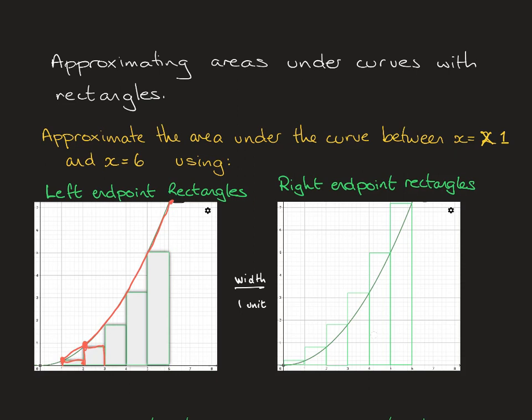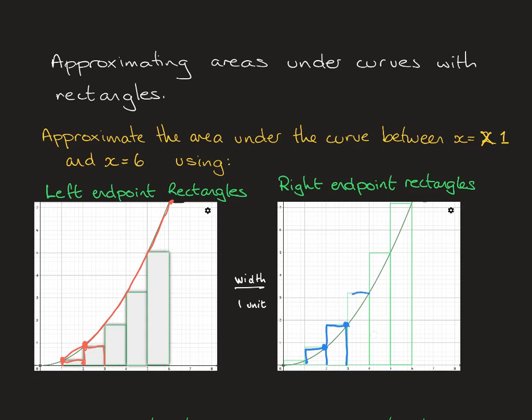And over here I've got right end rectangles. If I look at this rectangle over here, you can see that the right hand side in the top corner is touching the curve. The next one across, right hand corner touching.